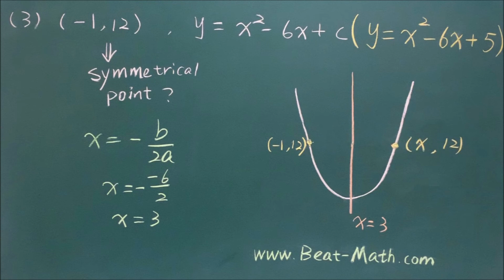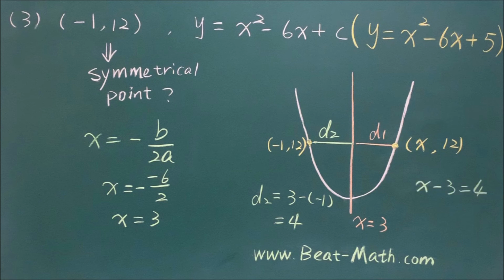When we look at the parabola, we can find the distance between the symmetric point and the symmetric line, d1, is the same as the distance between the points negative 1 and 12 and the symmetric line, d2. Here, d2 is the difference of 3 and negative 1, which is 4. d1 is the difference of x and 3, so we plug in x minus 3 equals 4 and get x equals 7. This means the symmetric point of negative 1 and 12 is 7 and 12.